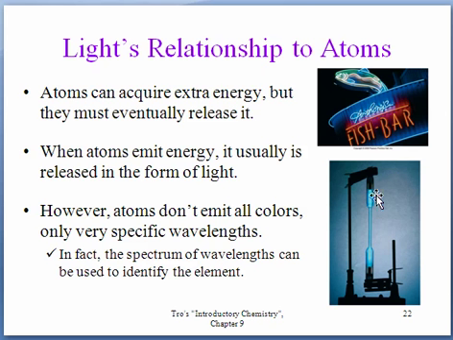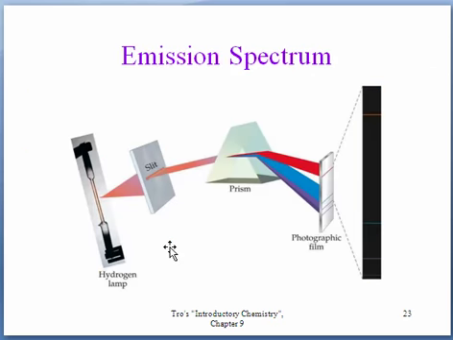Now over here we have a neon sign, and this right here is a tube filled with a gas, and when this gas is hooked up to something that zaps it with electricity, it emits a blue light. So let's look at what an emission spectrum is. What we do is we have a tube, like a light bulb, filled with a gas of a certain element, in this case hydrogen, and then it is connected with electrodes and zapped with electricity.